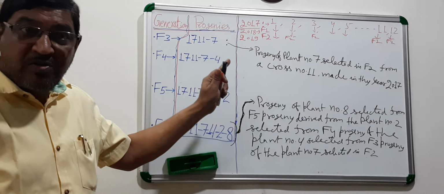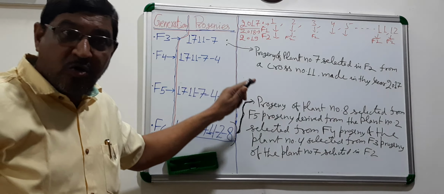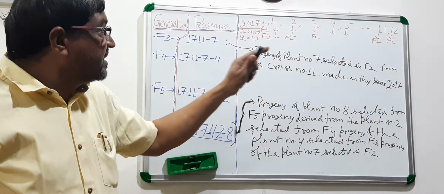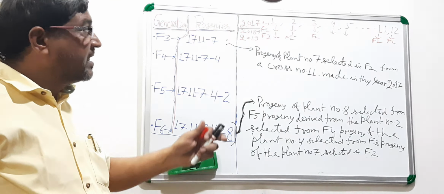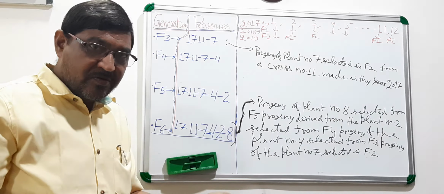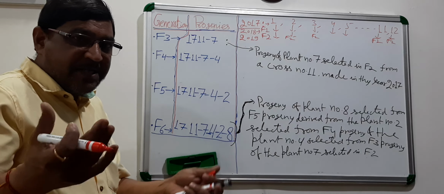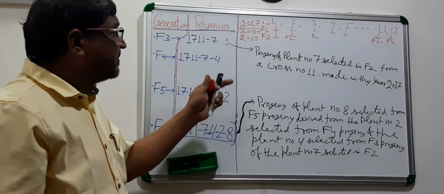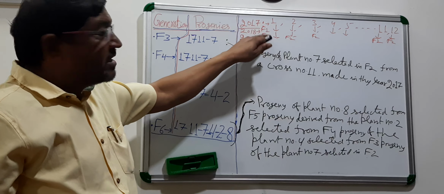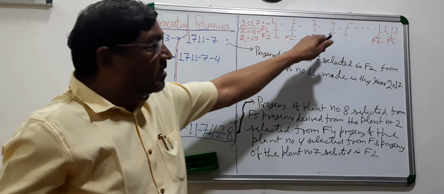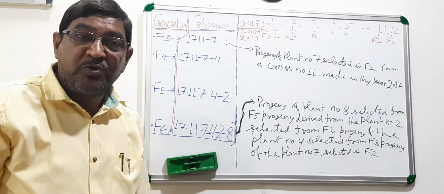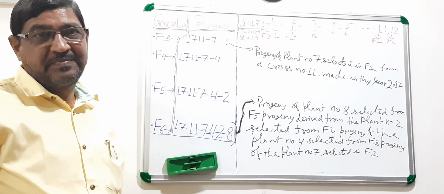Made crosses in 2017, grown all F1s in 2018. Then there is no selection, just selfing, because there is no segregation. So you have grown F2 generation of all these crosses in 2019. Now you are going to start selection.